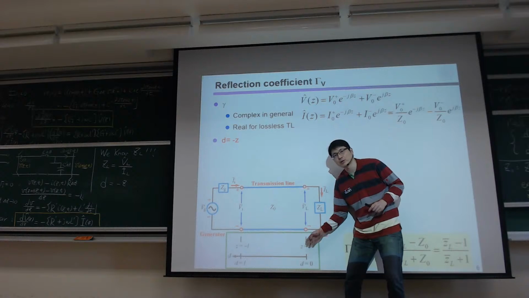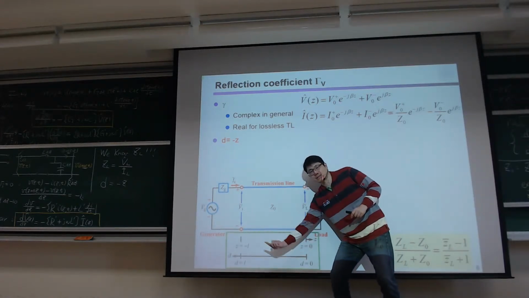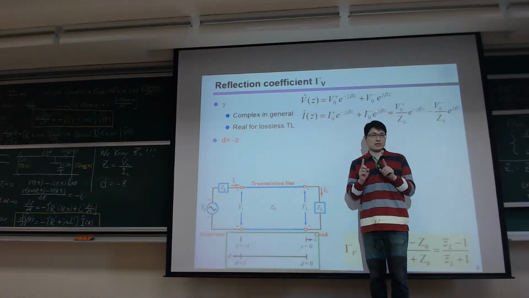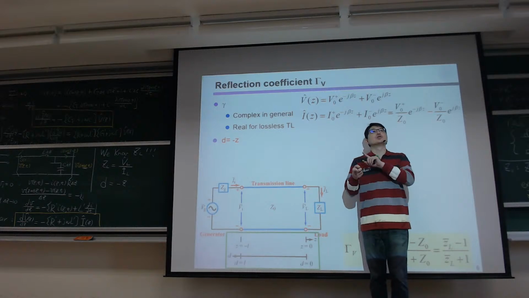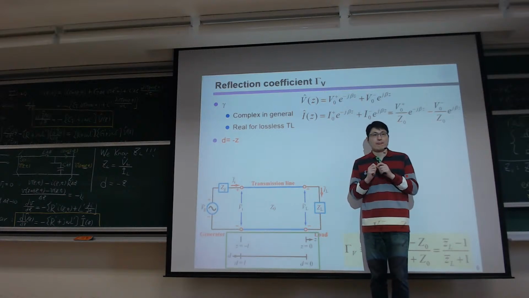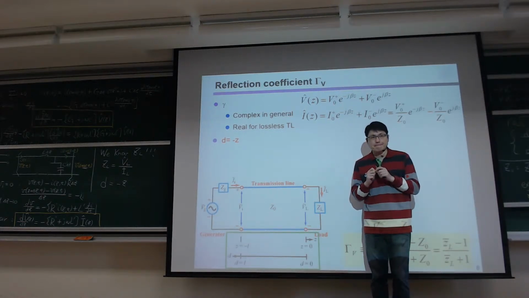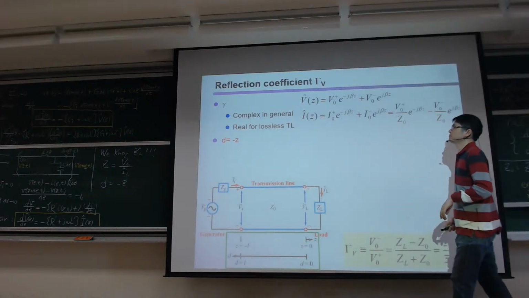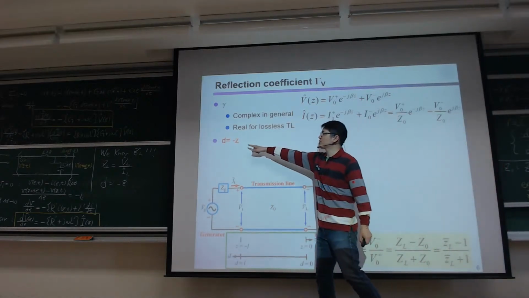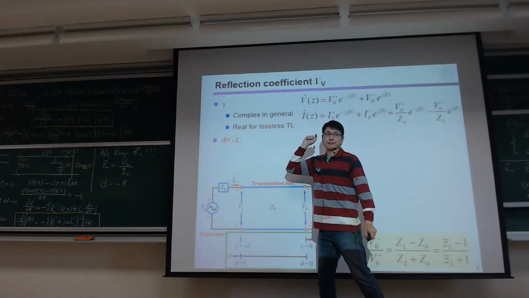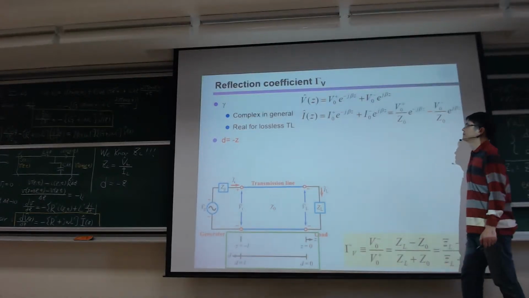D is pointing from the right to the left. The only difference is the direction. So D equals negative Z.